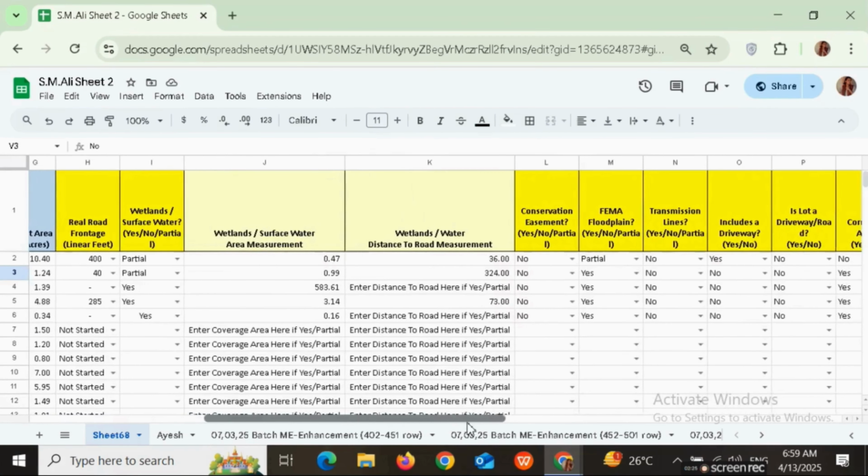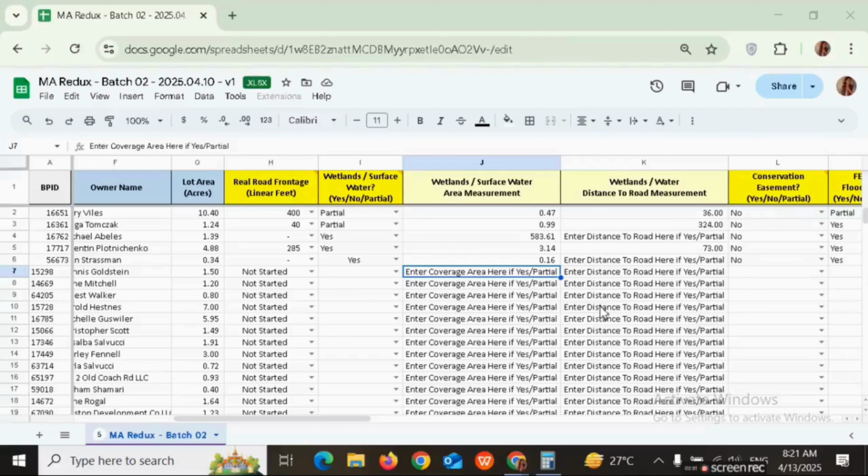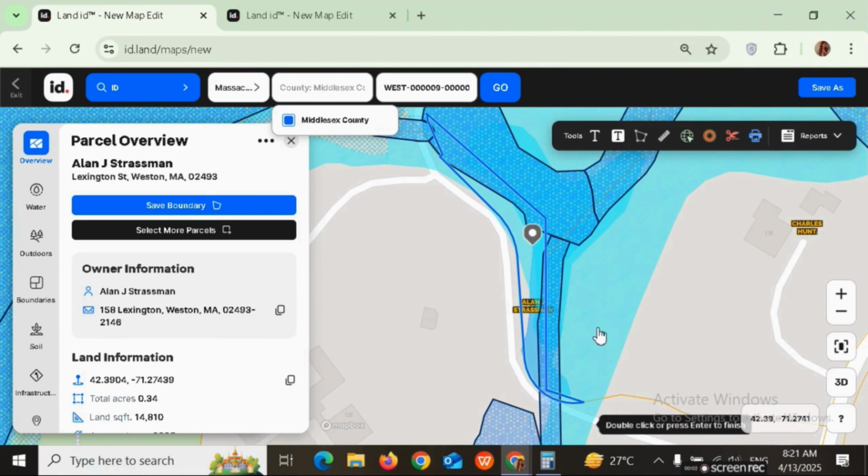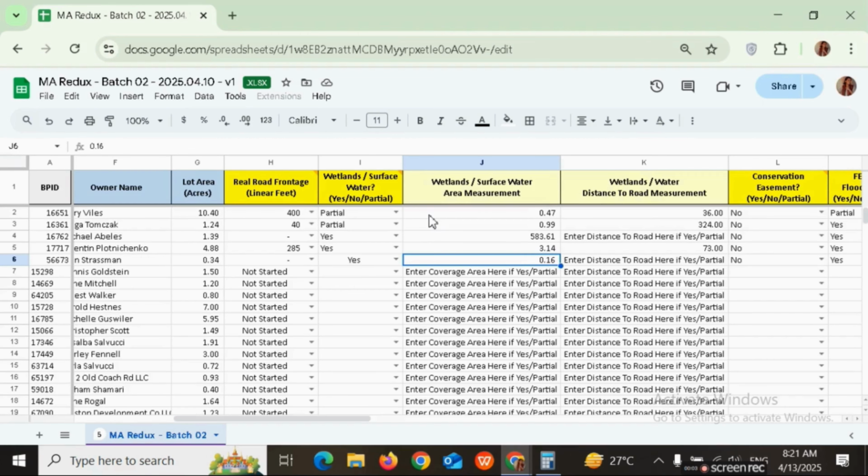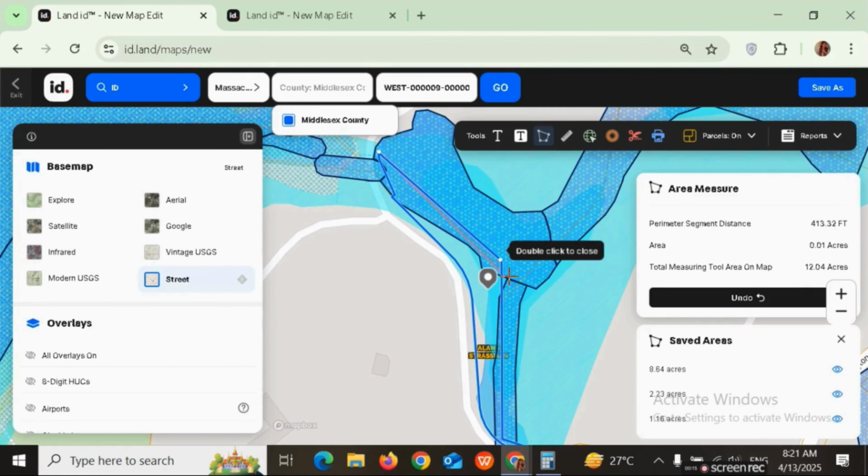The concept is the same. I find the area measurement of wetlands and surface water on the property. I measure the area of wetlands.